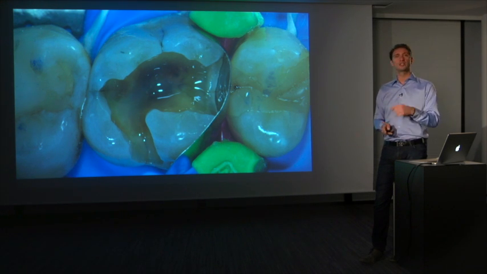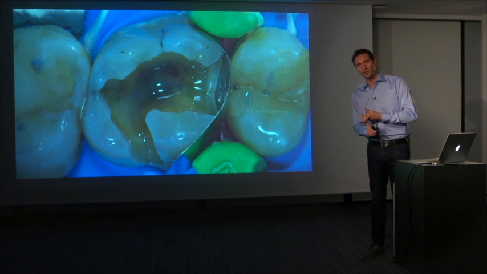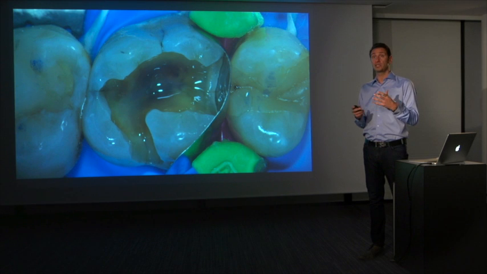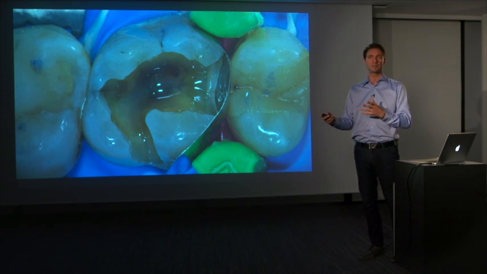If you expect one instrument to do both, you will end up in clinical situations where it's not possible, where a wedge is even impossible to place because the cavity is so deep.